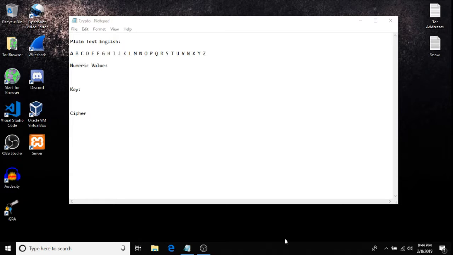But it's not just all professional and for top secret purposes within governments. It can also be used for fun, at least on the basic level. So let's take a look at how cryptography may work.